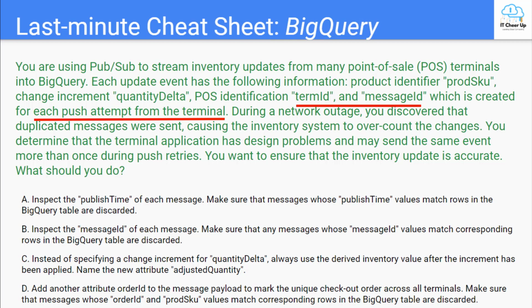Answer B is wrong because the message ID is created for each push attempt from each terminal ID, so the message ID itself cannot be used as a unique key. Answer C is wrong because the inventory update depends on product checkout. So the correct answer is D, to add another column, order ID, for the product checkout.